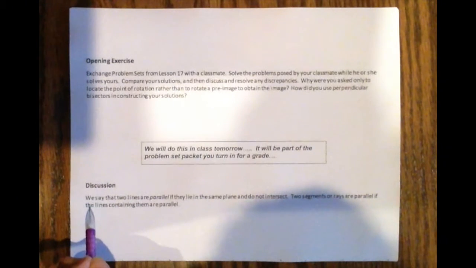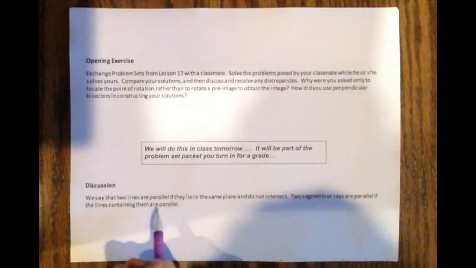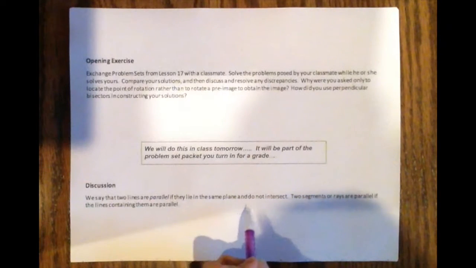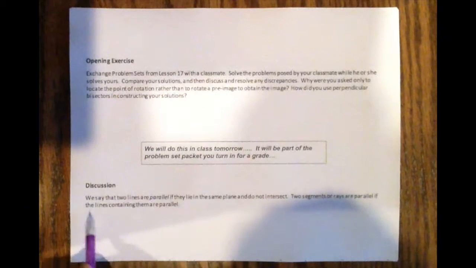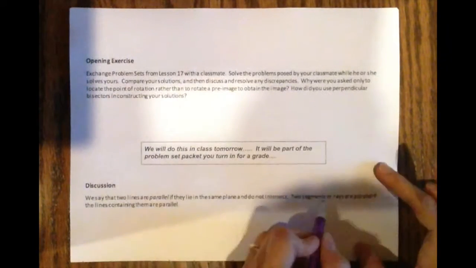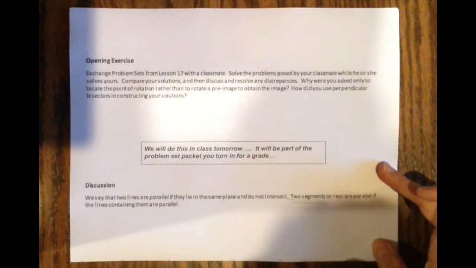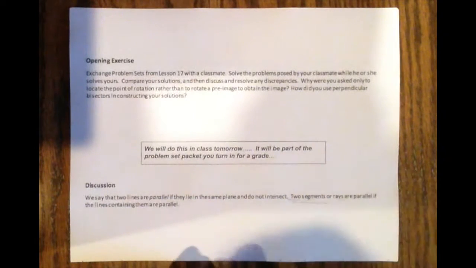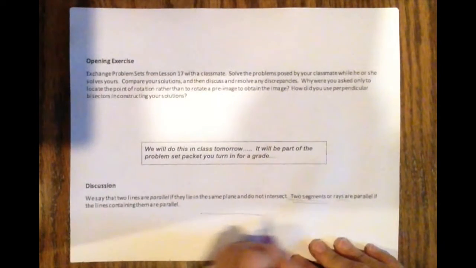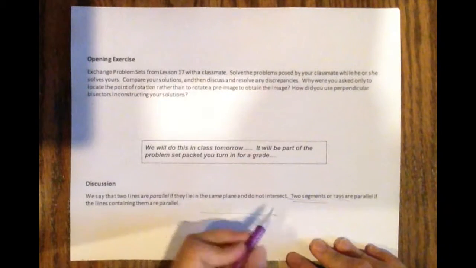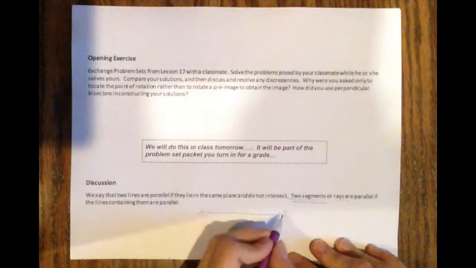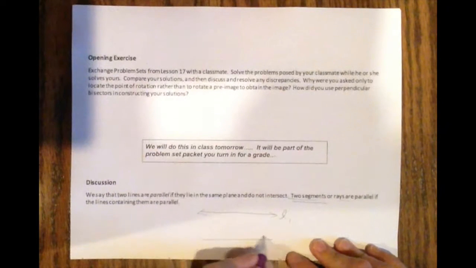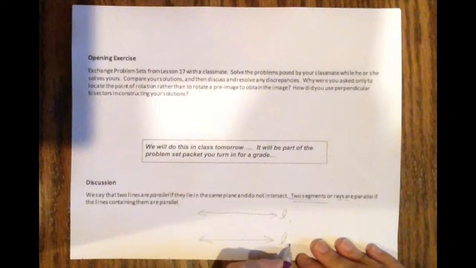What we want to talk about today, though, is we say that two lines are parallel if they lie in the same plane and do not intersect. Two segments or rays are parallel if the lines containing them are parallel. So I have line 1 parallel to line 2.